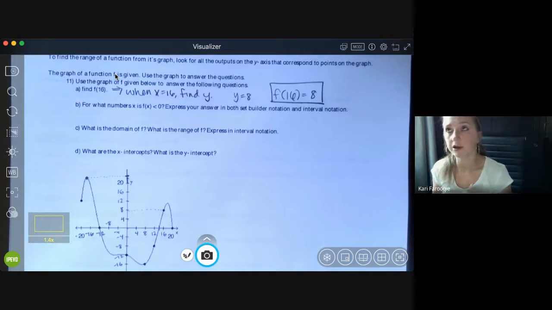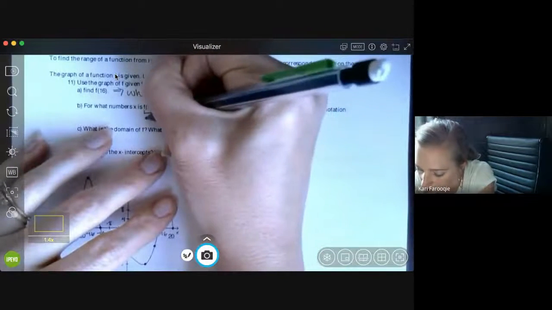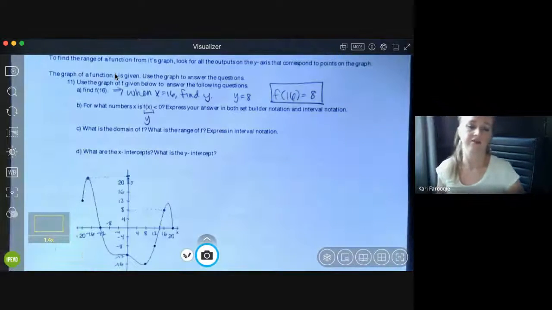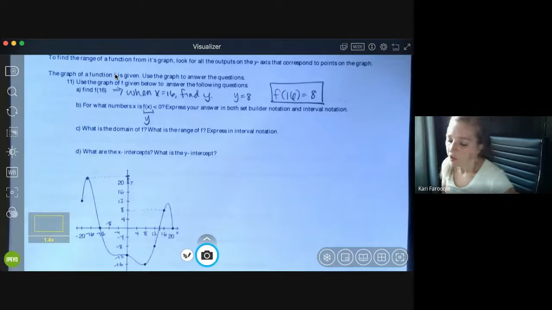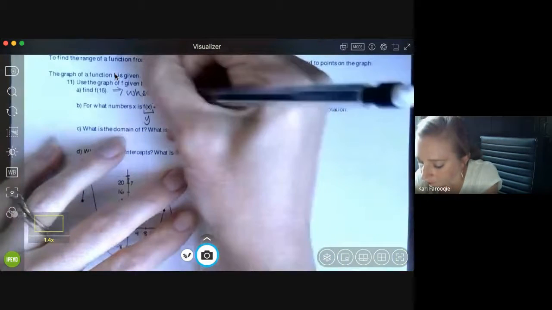And again, when you see f of x, you should be thinking y. F of x and y are synonymous as long as you're looking at a function. So you're talking about the case that y is less than 0. Now, y is less than 0 for anything that's graphed below the x-axis.